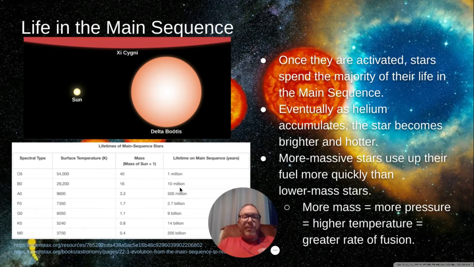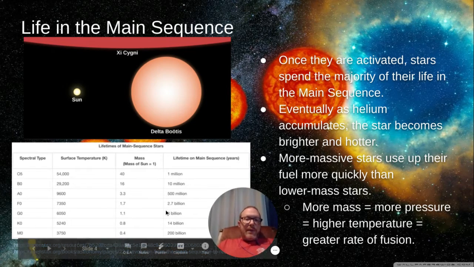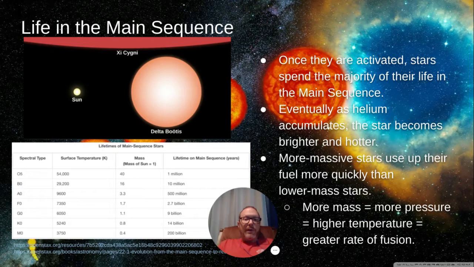Now, the reason why this is important is because our star, the sun, was the mass that it was when it formed, it has been fairly stable for a very long time, and it will continue to be very stable for a long time to come. Long enough for life to develop on the planet and to continue to exist relatively consistent on the planet since it did form.